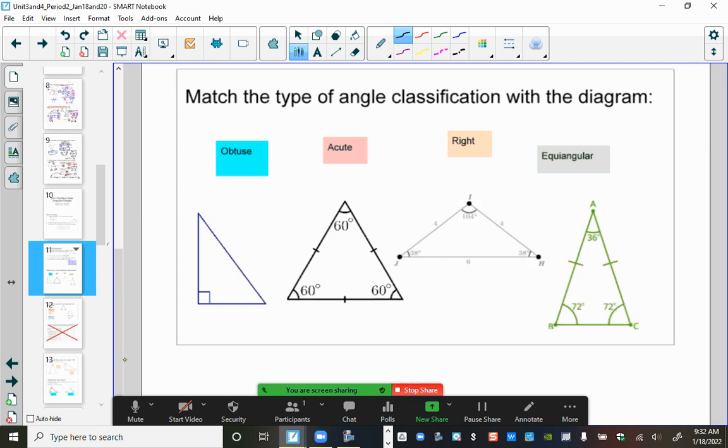For these types, you might see a problem where you're going to have to match. So we'll just do a quick matching activity.